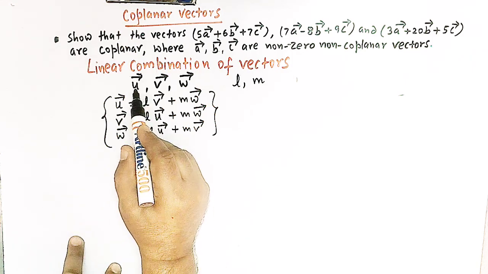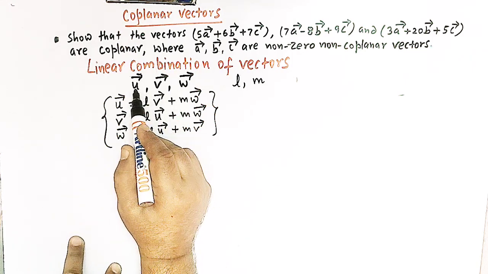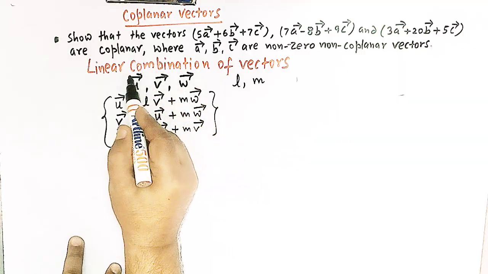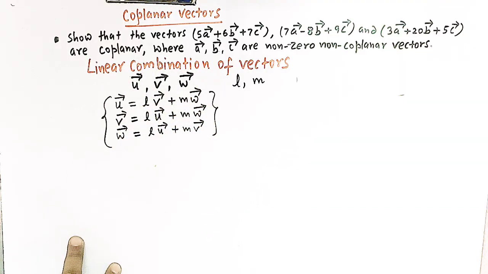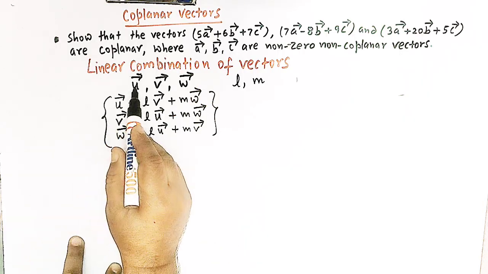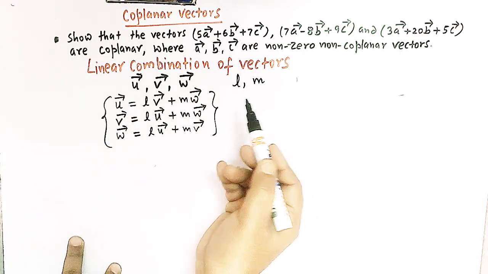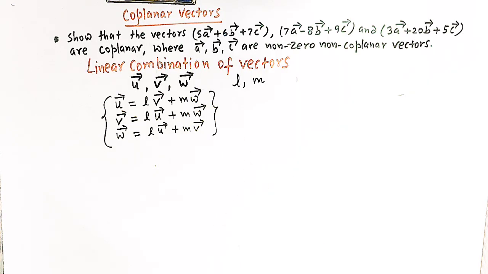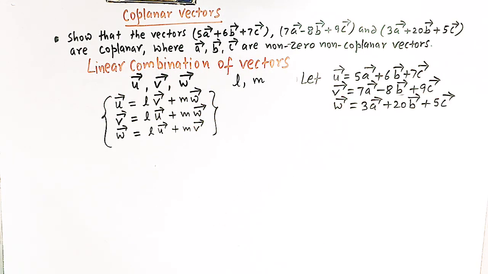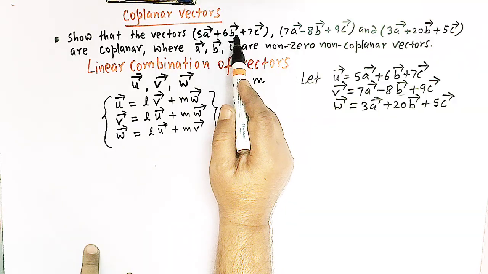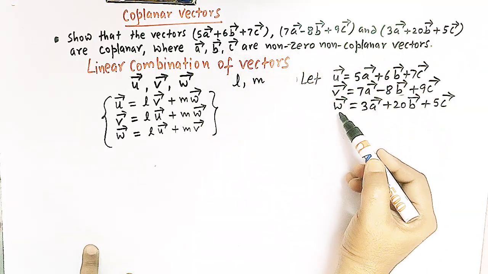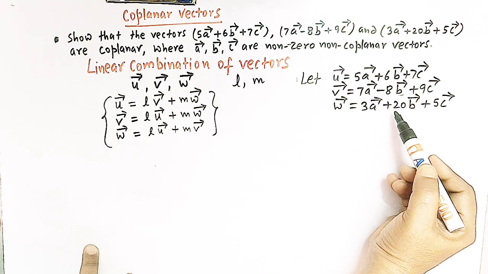So when we have any three vectors, vector u, vector v and vector w, then these three vectors are said to be coplanar vectors if any one of the vectors can be represented as a linear combination of the other two vectors. So now consider these three vectors as vector u, vector v and vector w, right?